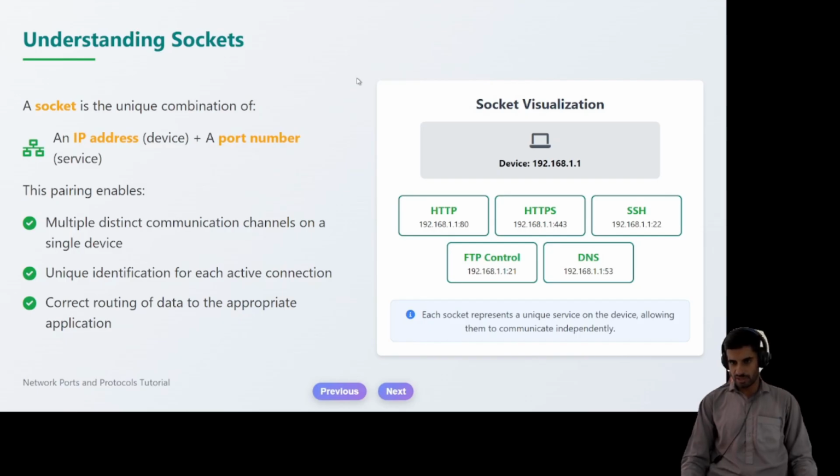We also have DNS, the domain name server, and the SSH protocol, secure shell protocol, which is also used with the IP address to create a unique identifier for different devices. So, a reminder: each socket represents a unique service on a device, allowing them to communicate independently. Let's go to the next page.